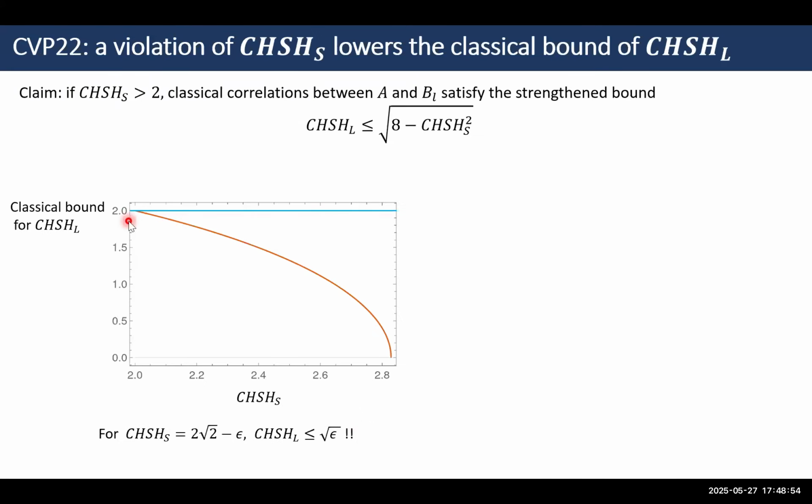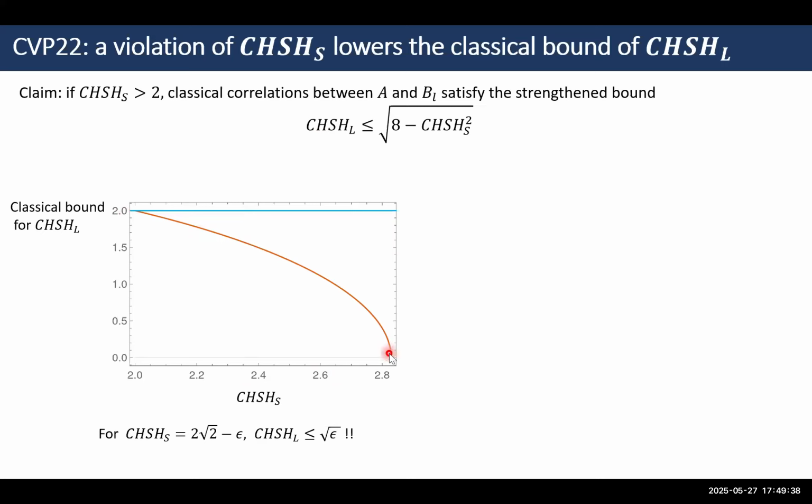So here in this diagram, you see on the x-axis the short path CHSH value, and on the y-axis the long path CHSH value. The blue line at 2 is the classical bound of the usual CHSH inequality. You need to be above 2 to certify quantumness. Now, according to the analysis by Pawlowski and his collaborators, if you observe some violation of CHSH in the short path, the classical bound for the long path CHSH value will decrease.